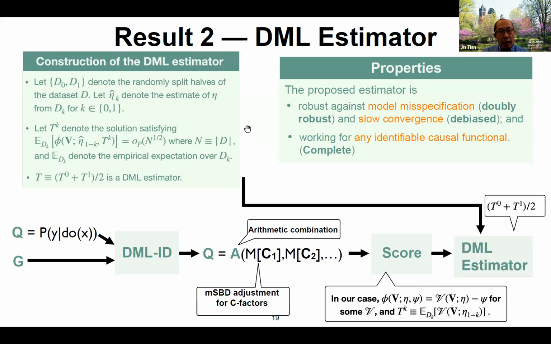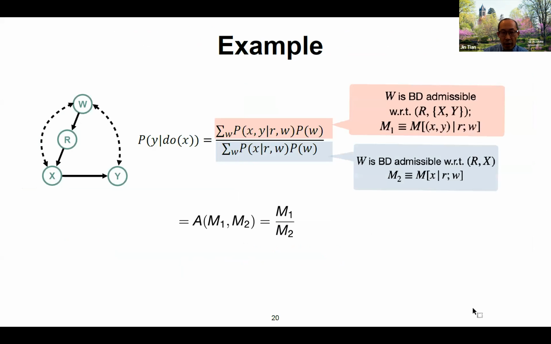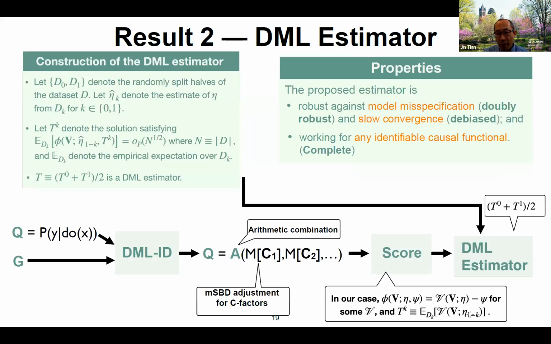Then we follow the standard cross-fitting technique. We randomly split the samples into two halves, use one half to estimate the nuisances and use the other half to estimate the empirical expectation. So that's the DML estimator we constructed.